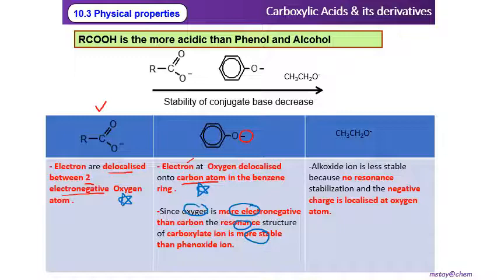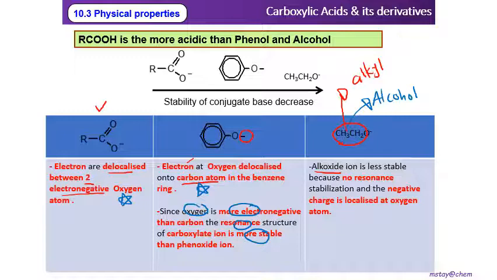The other one is the alcohol. The general name for this conjugate base of alcohol is alkoxide, because this is the alkyl group. It means the alkyl group combined with the oxygen, we know it as alkoxide.